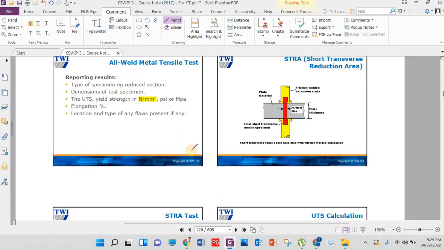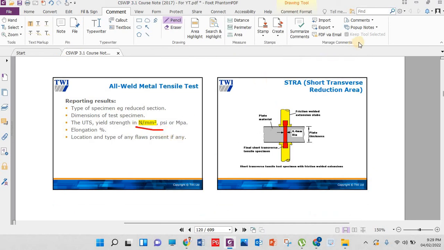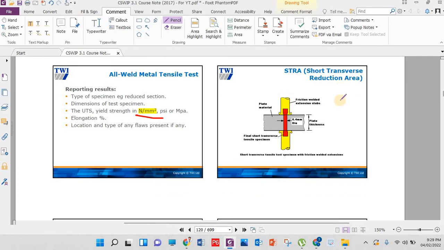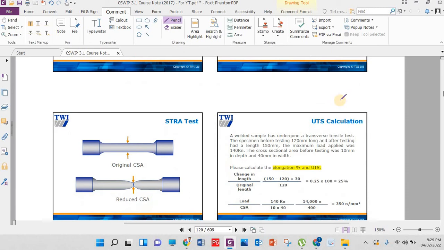Okay, the unit of yield strength is Newton per square millimeter. I already mentioned. Then you have the short transverse reduction of area. This is also the reduction of area transverse tensile stress system, but only the short one. There's no need to worry about it.